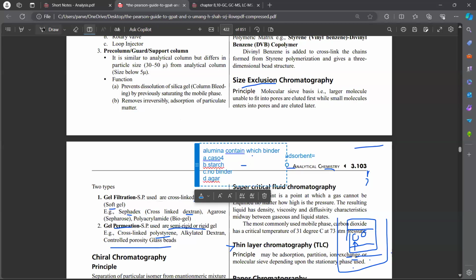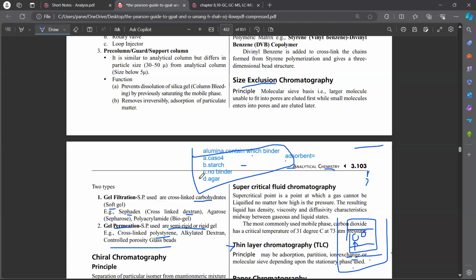Come on, guys, answer this question. Which binder does the alumina contain? Read the question correctly, then answer it, guys. Which binder is present in the alumina?